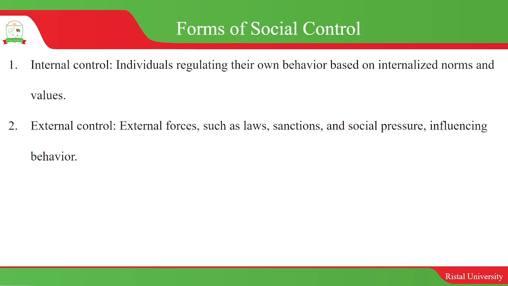And later on, we shall see that the laws, regulations, and sanctions are often termed formal forms of social control. And then we have social pressure. These play an important role in influencing behavior.